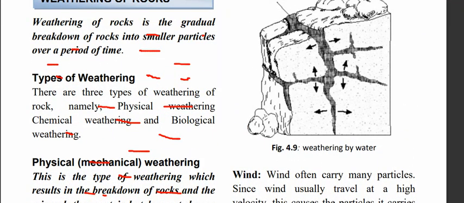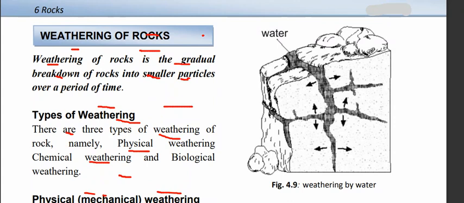This is weathering by water. The water is in the crevices of the rock, and some small rocks are hitting each other. Over a period of time, this rock will begin to disintegrate, and then it will just break down.